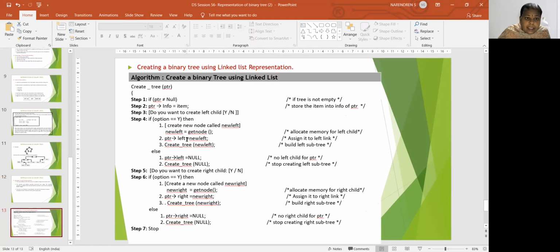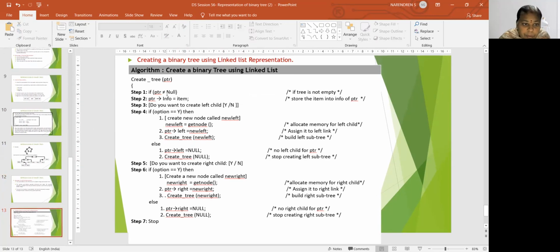These are the advantages of the linked list. Now, how do we create a binary tree using a linked list? This is the algorithm, and it is the same thing we have studied. If the pointer is not equal to null, then it has to be stored. If you want to create a child, create a new node, make it the new left node, and create a tree on the left side.